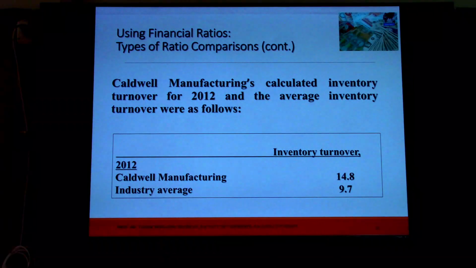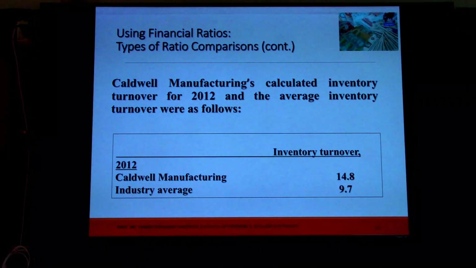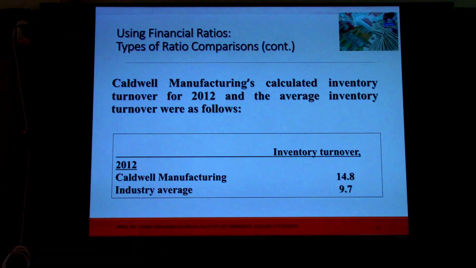So by a comparison between my ratio 14.8 with 9.7, I could determine whether this is good or bad.